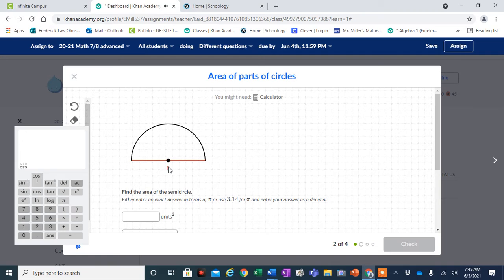For this one, it's the same thing, except this time they gave us a line from one end to the other end, meaning this is not the radius, this is the diameter. So our radius would be half the diameter, which is 3. Again, it's pi times the radius squared, so pi times 3 squared, which is 3 times 3, so 9 pi.